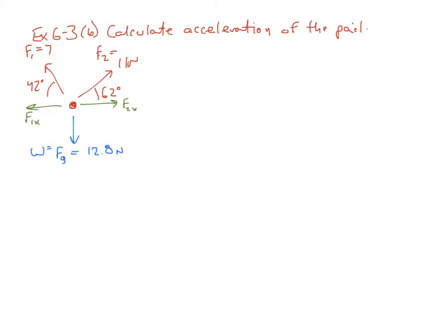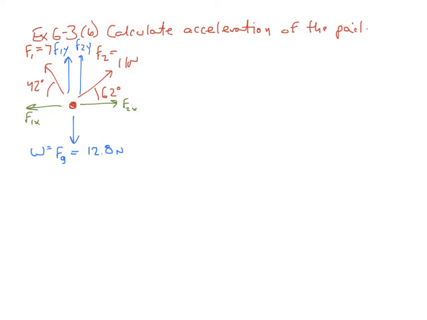What we really want to focus on now is the y components of their forces. So we have force 1 in the y direction and force 2 in the y direction. That's really what's going to be serving to lift up the pail right there.